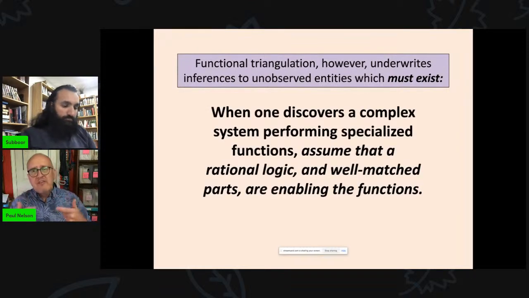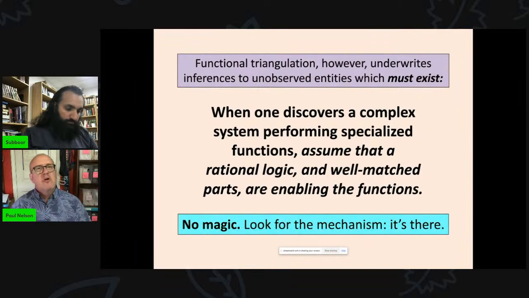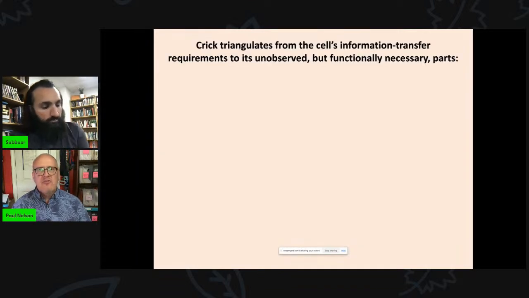You can think of design triangulation as putting this principle on the slide into action. When you discover a complex system performing specialized functions, assume that a rational logic and well-matched parts are enabling those functions. Or, more simply, no magic, look for the mechanism, it's there.